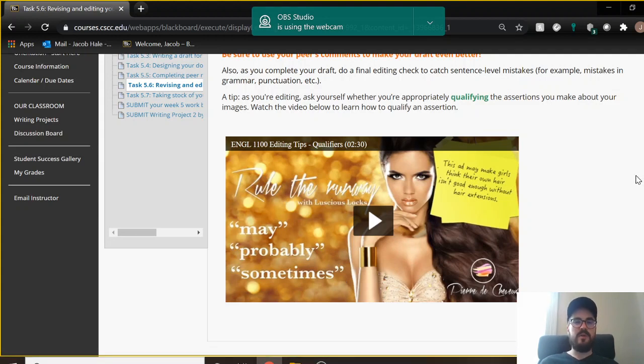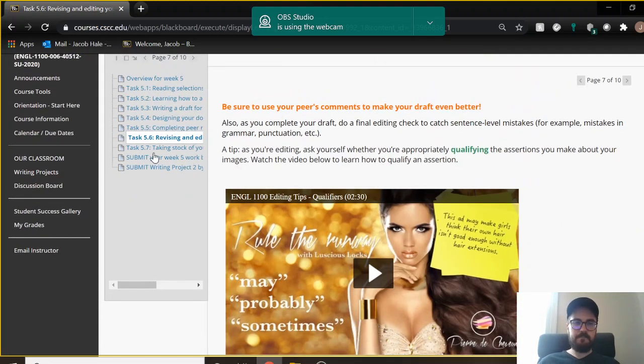So you will be arguing about your images. You won't be arguing about all images necessarily. And you can't necessarily say, my image always will make women feel insecure about their bodies. You just can't prove that. So instead of saying, these images will always make women feel insecure about their body, you could say, these images may make women feel insecure about their body. But if you watch this video, it will talk you through a little bit more about what I mean.